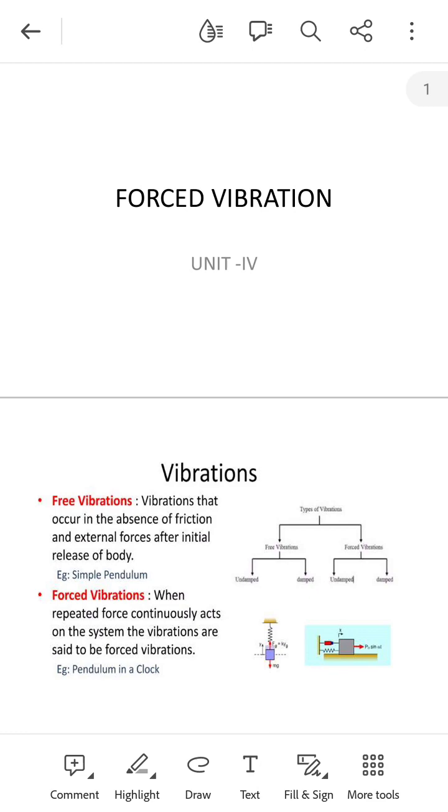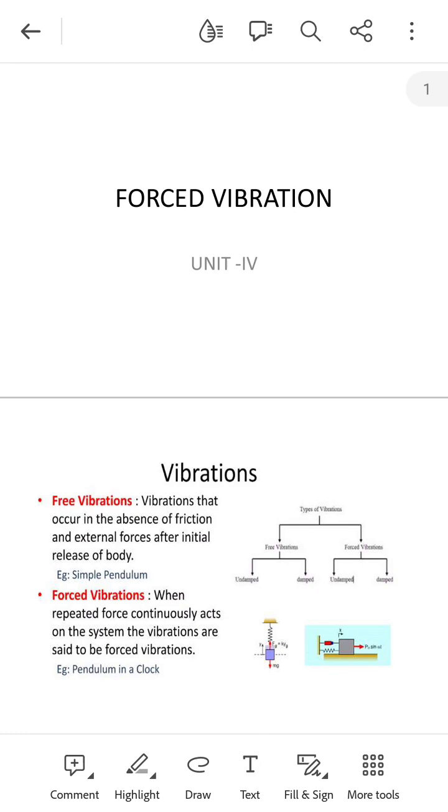Now I talk about the subject of Dynamics of Machines, Unit 4, Forced Vibrations. What is meant by vibrations? Free vibrations, forced vibrations, damped vibrations, undamped vibrations.